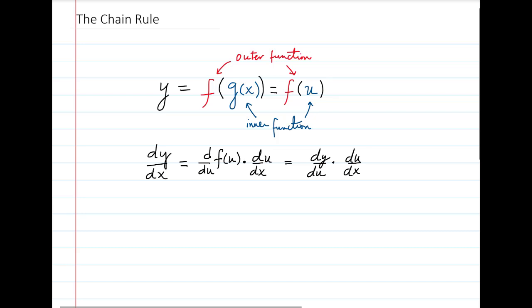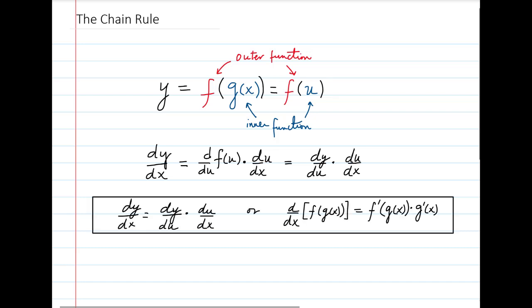How fast it's going. So another way of interpreting this rule would be: if dy/du is how fast y is changing with respect to u, and du/dx is how fast u is changing with respect to x, and remember u is really g of x, then the rate of change for y with respect to x, so dy/dx, would be the product of the two.